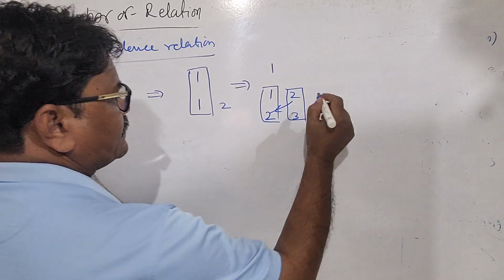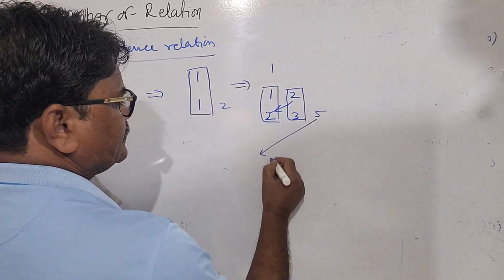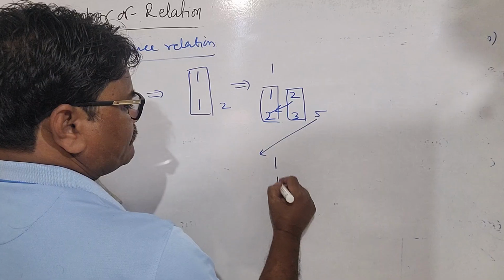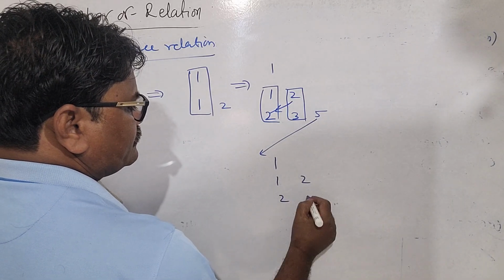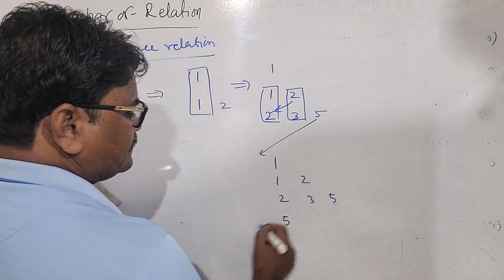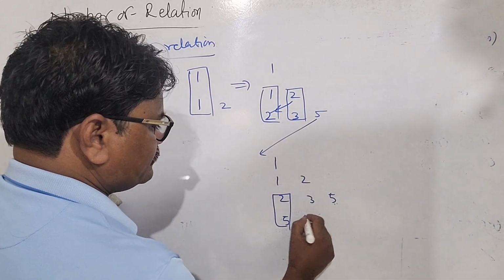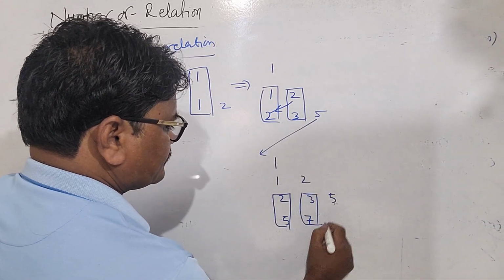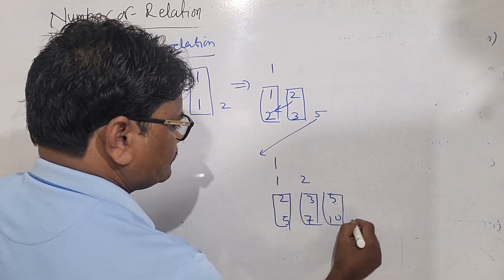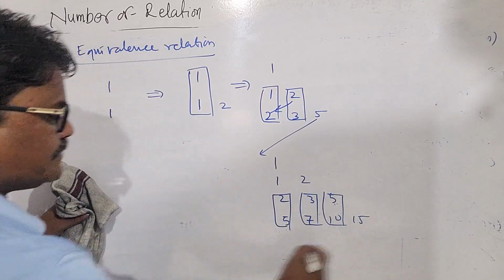Correct? Again this 5 will come here. So this is 1, 1, 2, 2, 3, 5. 5 is coming here. Now add 5 plus 2, 7, 7 plus 3, 10, 10 plus 5, 15. Same way again 15 will come here.